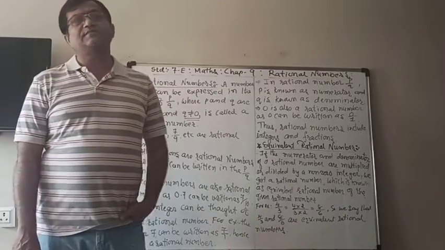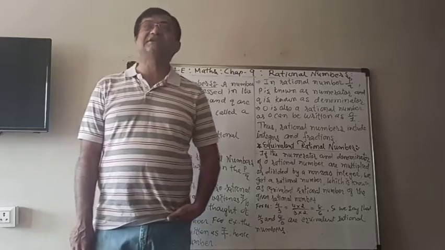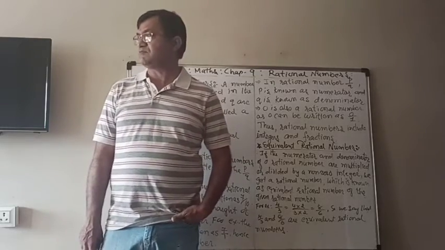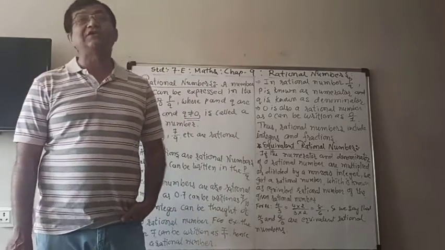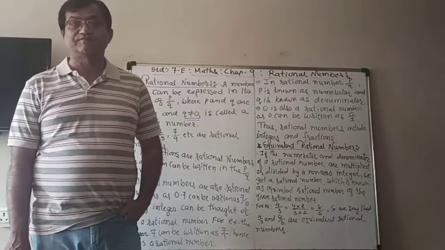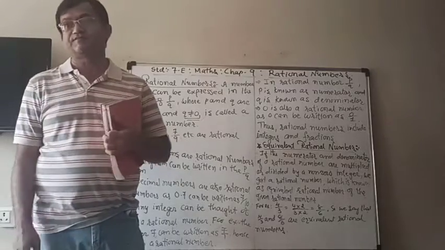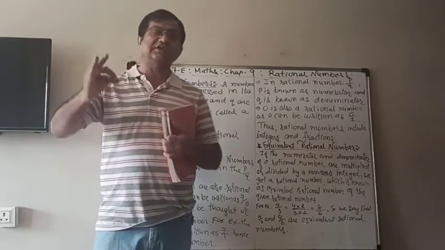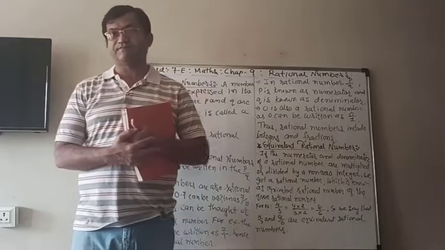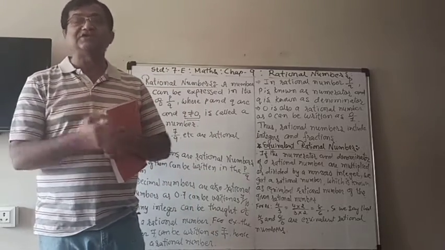In the beginning, we know the numbers which are known as natural numbers or counting numbers. We start from 1. When we count the things, we count like 1, 2, 3, 4, 5. So that 1, 2, 3, 4, 5 and so on, they are known as natural numbers.